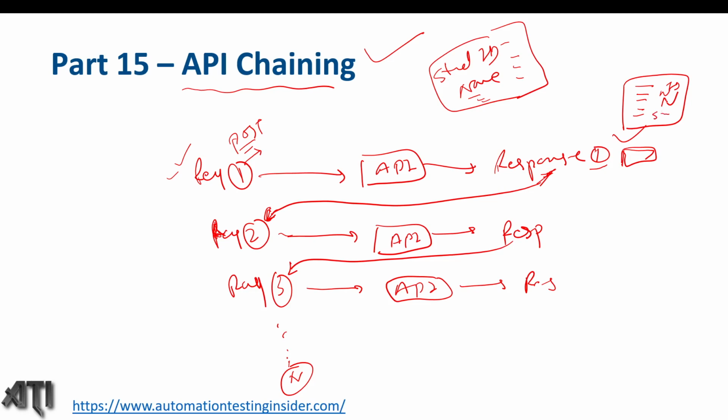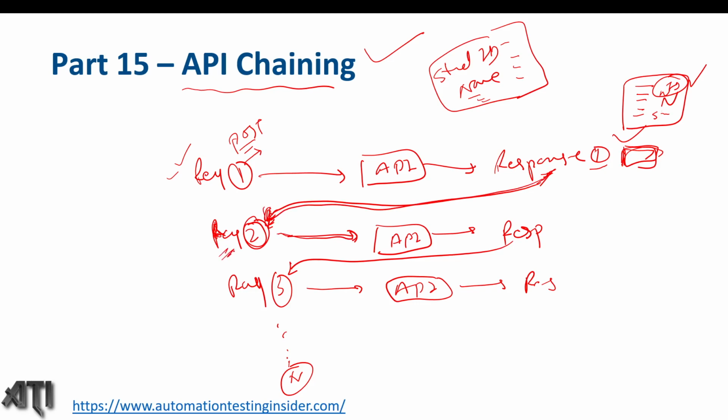Let's say in request 2 we are going to use the student ID. We store the student ID in a variable from this response and use that in the second request. We pass that ID to the second request, so there is no need to rewrite that ID.